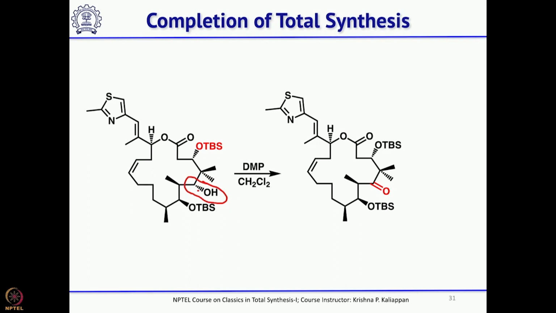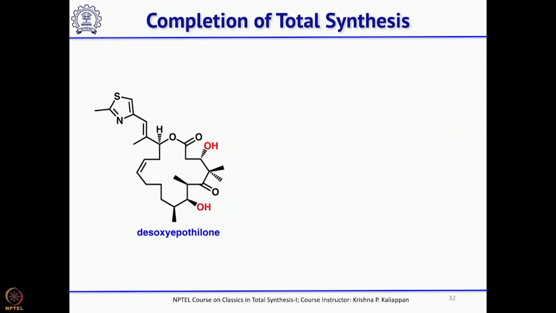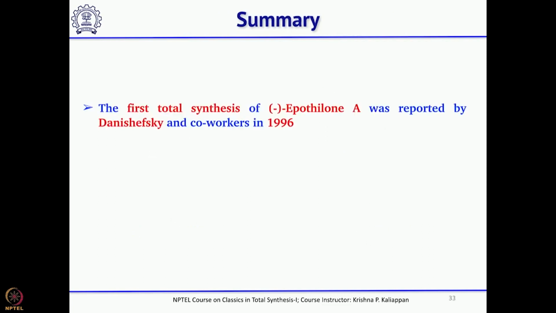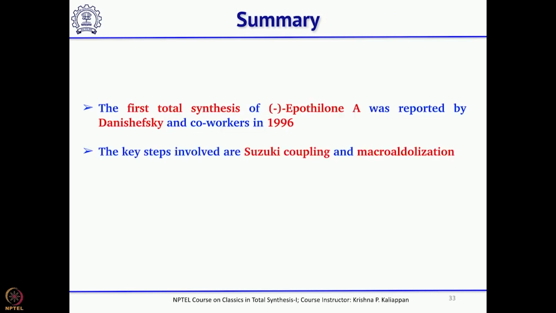Now, you have to epoxidize and then remove both TBS groups. Okay. So, that was done first by treating with HF pyridine for a little longer time. So, both hydroxyl groups were freed, then followed by treatment with dimethyldioxirane, we could get epothilone in good yield. So, overall if you look at this synthesis, the key reactions are Suzuki coupling, then the macroaldolization.